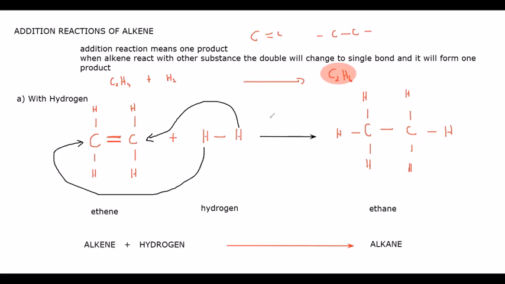Because the temperature is around 200 degrees centigrade, and we use a catalyst, nickel, for this purpose. So that high temperature causes this bond breaking. The reaction conditions are high temperature around 200 degrees centigrade, and nickel as a catalyst, so that the bond can break in the alkene and it can turn into a single bond.